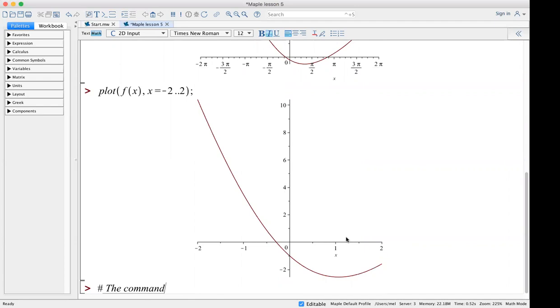The command to find the derivative, that is to differentiate a function f in Maple, is simply capital D of f.